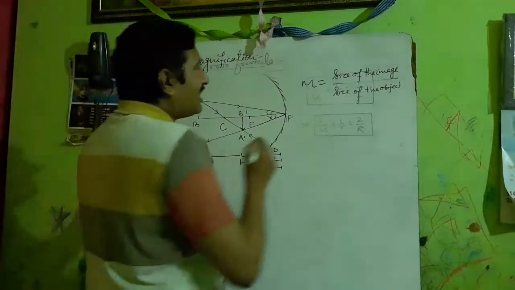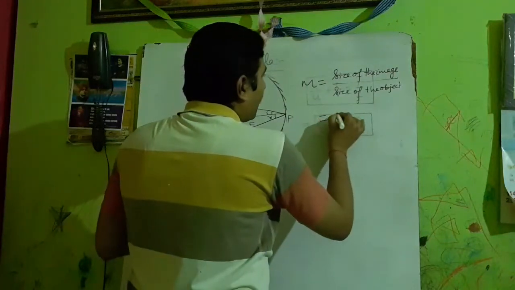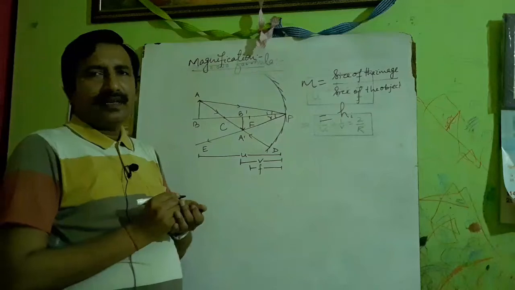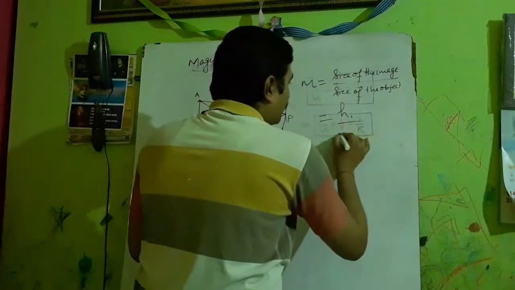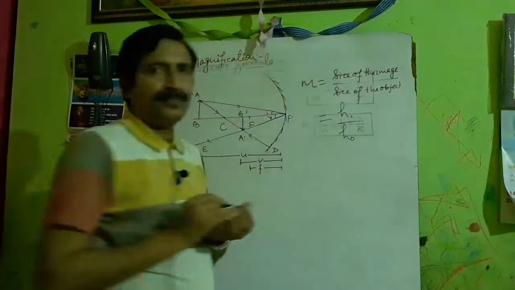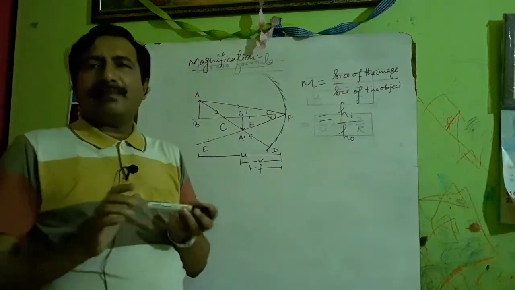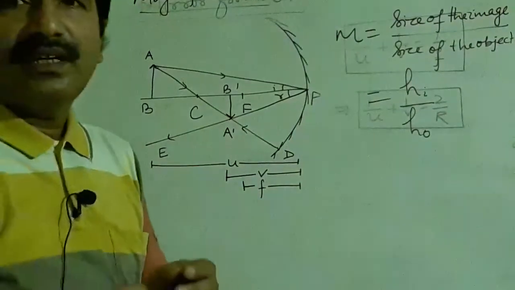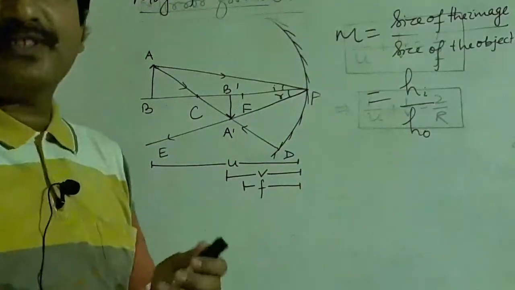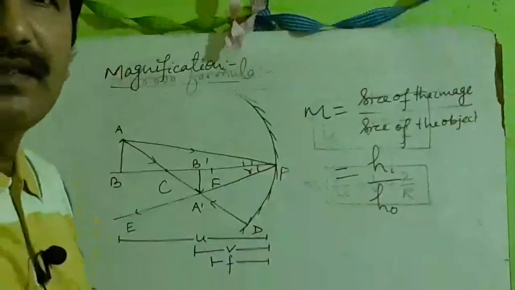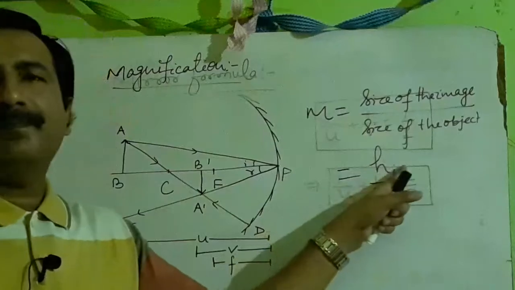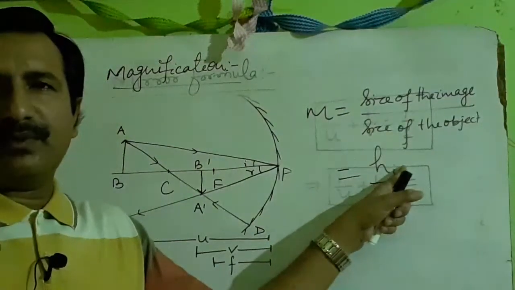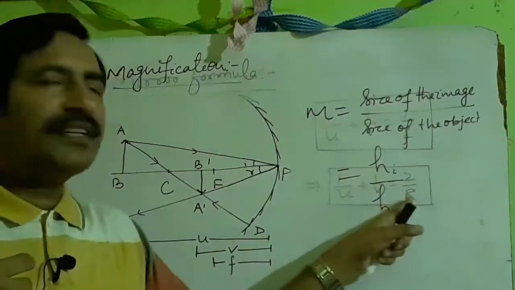So we can write size of the image as height of the image, HI, by height of the object, HO. Whenever you learn about superficial magnification, this HI can be AI, the area covered by the image, by the area covered by the object.